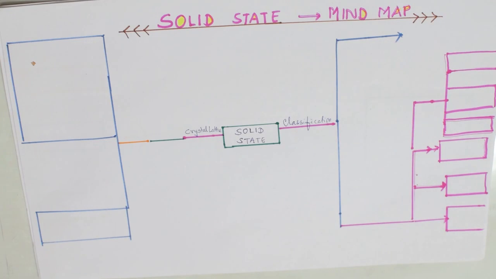So I've decided to go with all the mind maps of grade 12. In this grade 12, all the 16 chapters will be covered from my side. But one thing you need to promise me, students, unless you watch the video and share it with your friends, I can't go further. I expect more and more students to watch this.